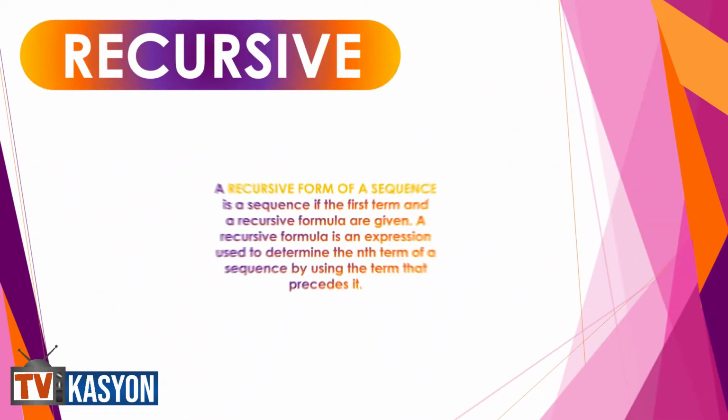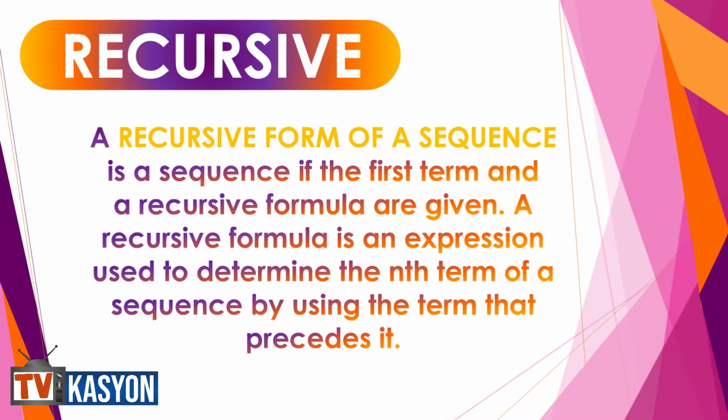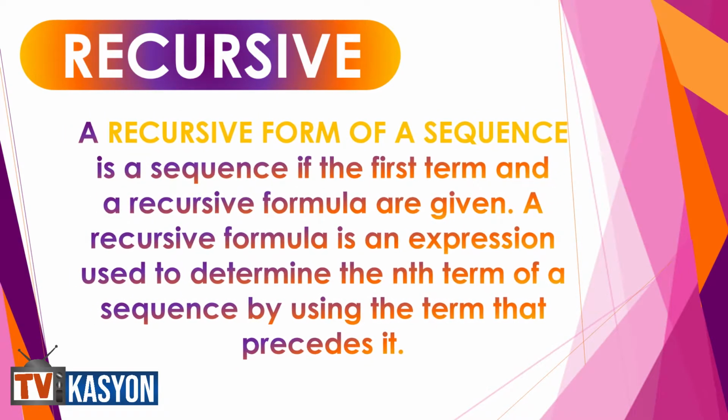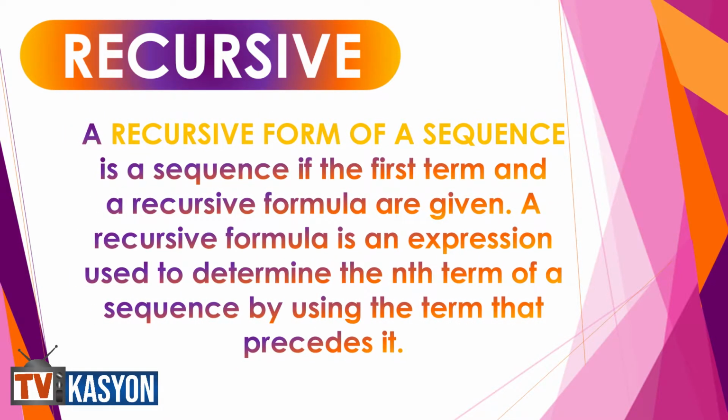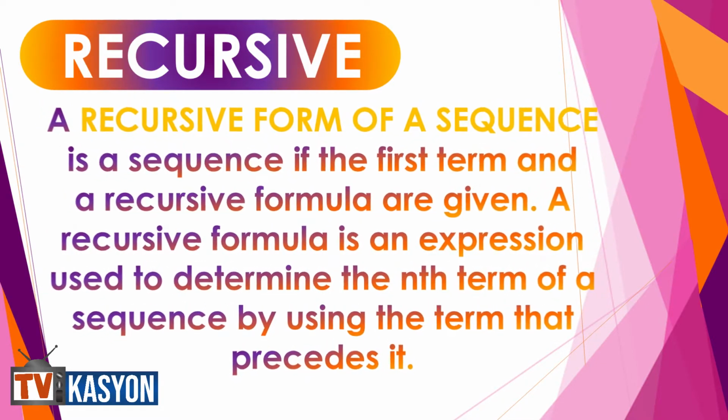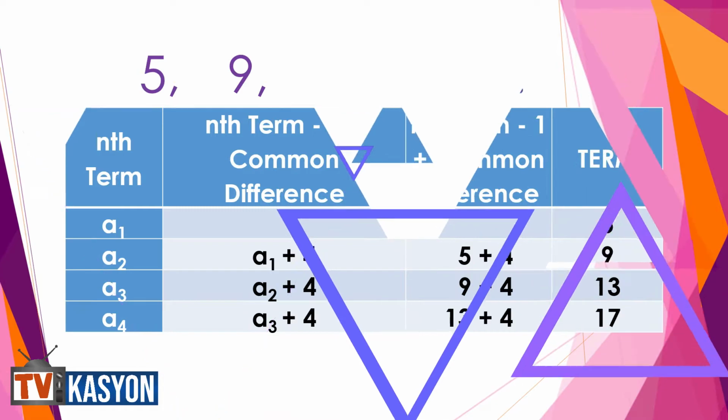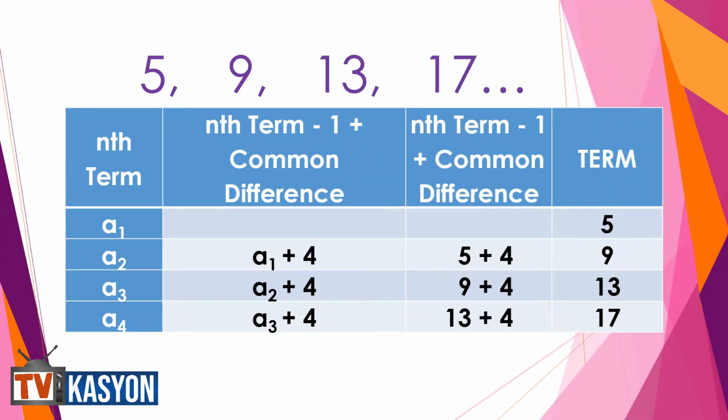A recursive form of a sequence is a sequence if the first term and the recursive formula are given. A recursive formula is an expression used to determine the nth term of a sequence by using the term that precedes it. Look at this sequence. We can get any term of the sequence by adding the first term to the common difference.